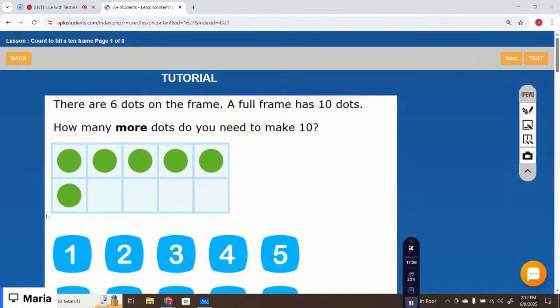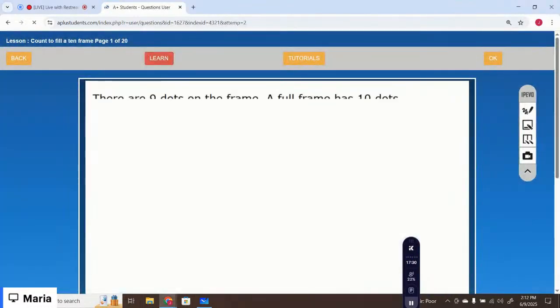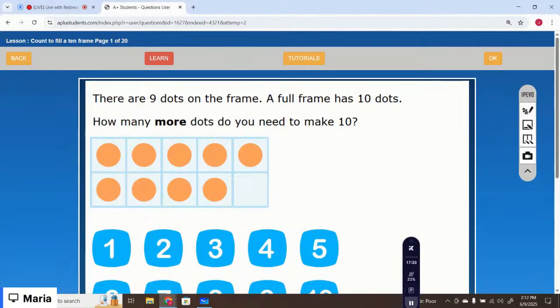Let's start with the test questions. Now there are nine doors on the frame. A full frame has 10 doors.